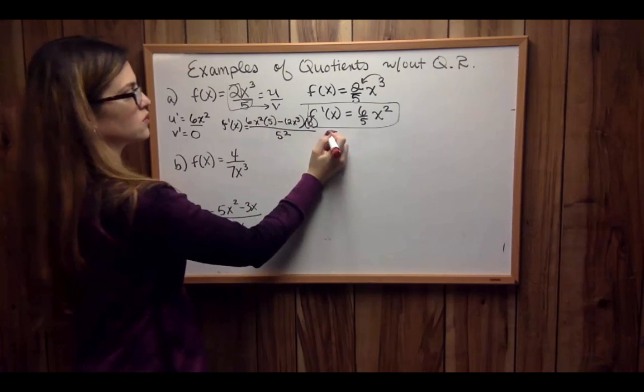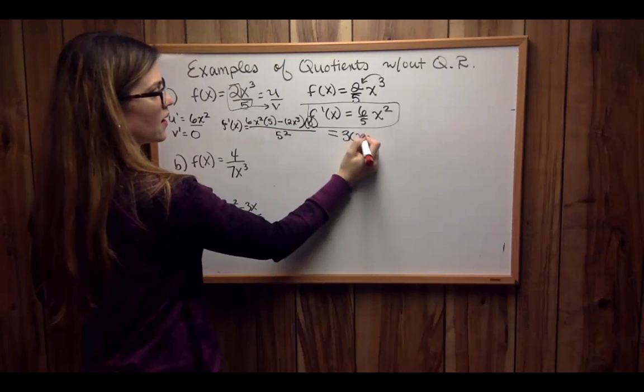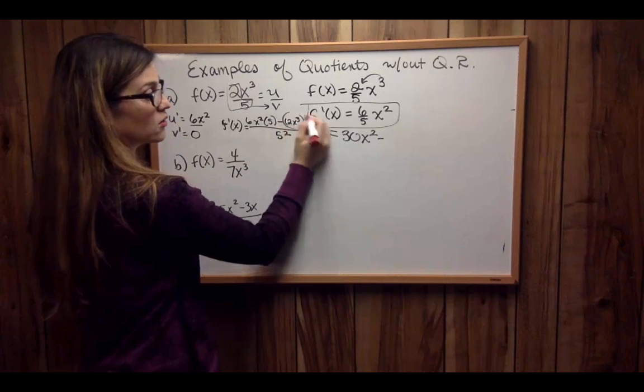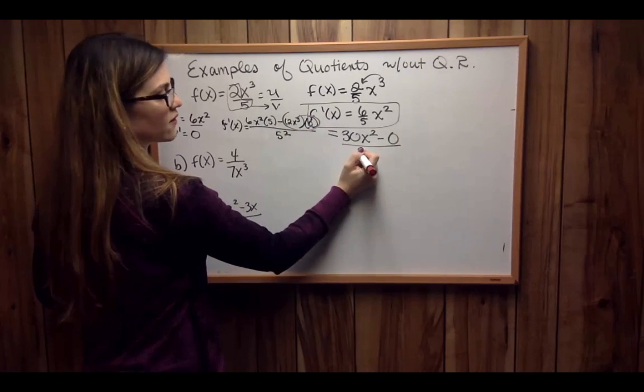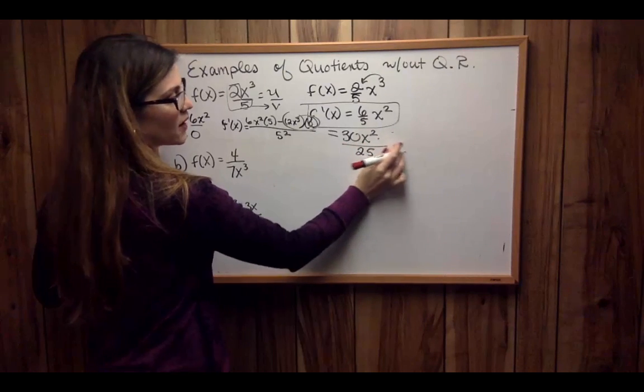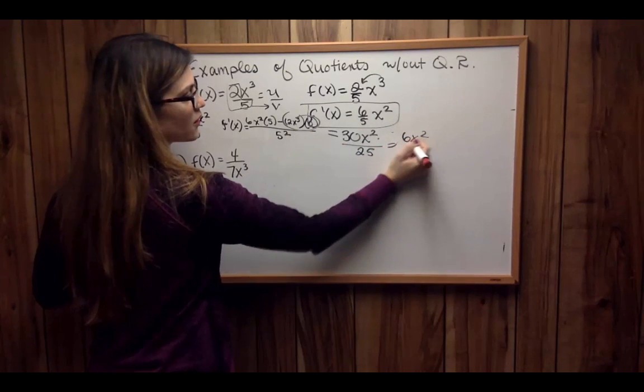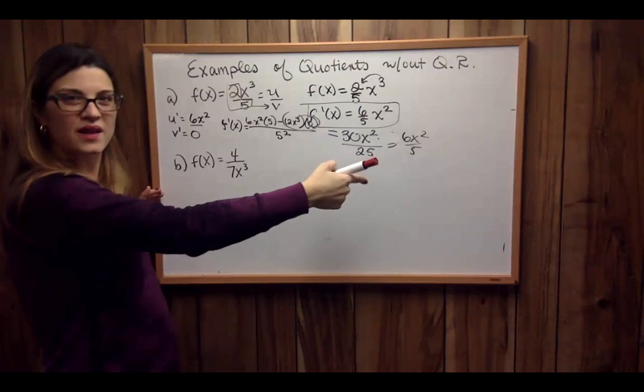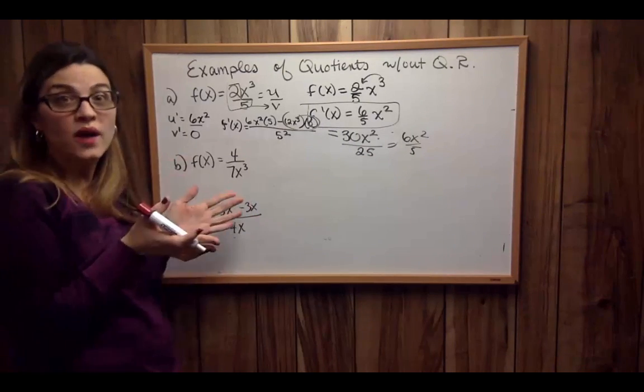So that gives you 30x squared minus 0 all over 25. And then that 0 is not important. 5 goes into both of them. 6x squared all over 5. Notice how much more work that is. So my advice is don't do that.